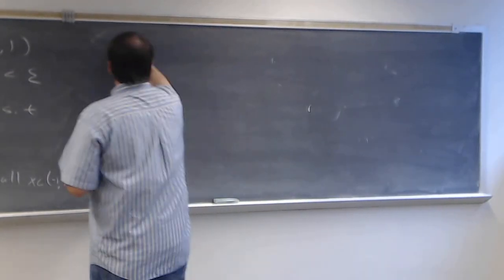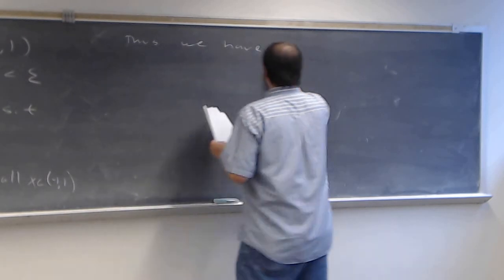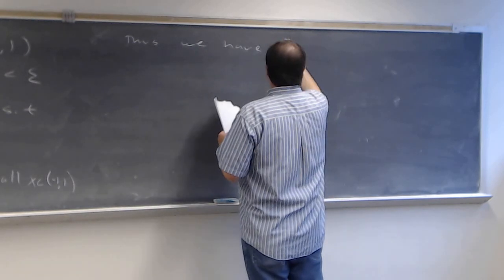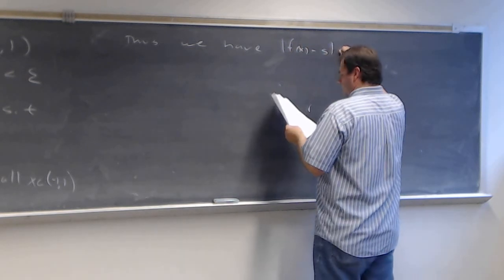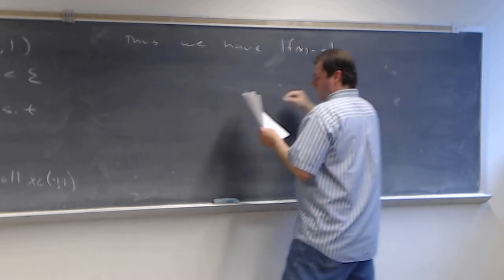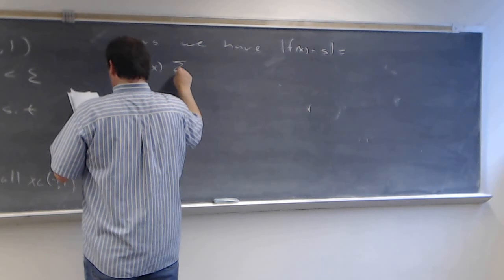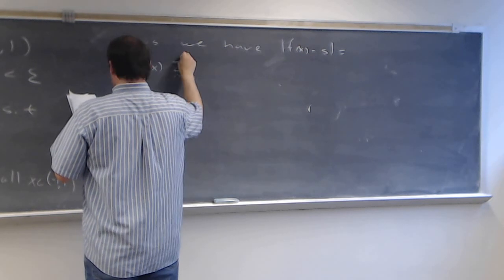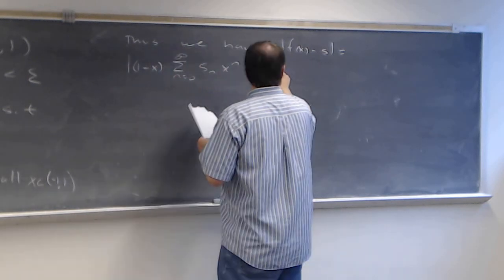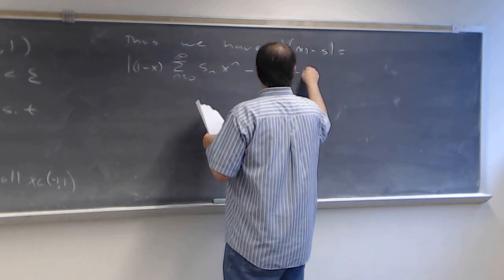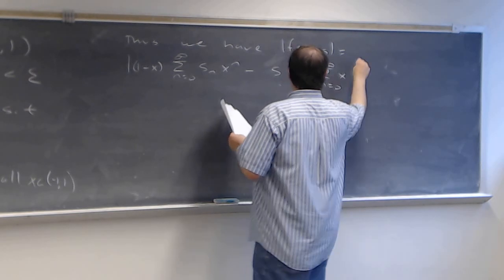Thus we have the absolute value of f of x minus s is equal to the absolute value of 1 minus x times the sum as n runs from 0 to infinity of s of n, x to the n, minus s times 1 minus x times the sum as n runs from 0 to infinity of x to the n.